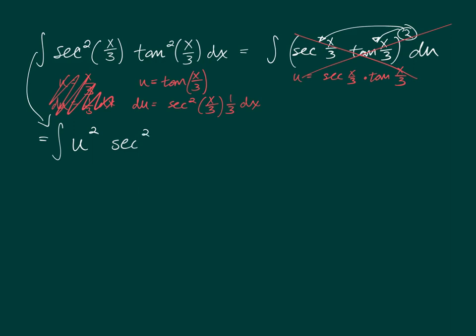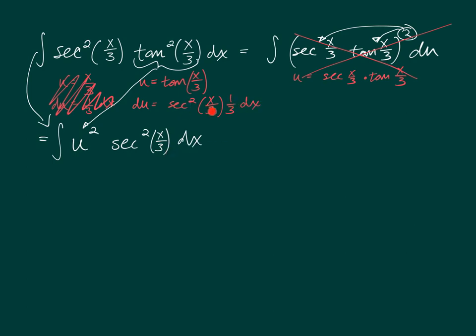Secant squared x over 3 dx. So all of this got replaced with u, and it's being squared. And so here left in our integral, we have secant squared x over 3 dx.